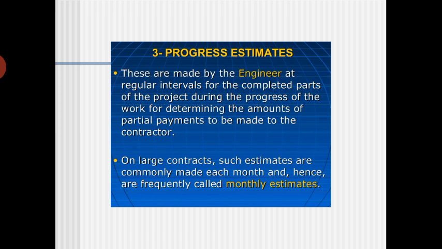He will come and verify, and he will directly submit to the higher authorities whether the quality or quantity added in the estimate and in the execution in the field is correct or wrong, and what changes can be made. Based on that, they have to make the progress estimate.